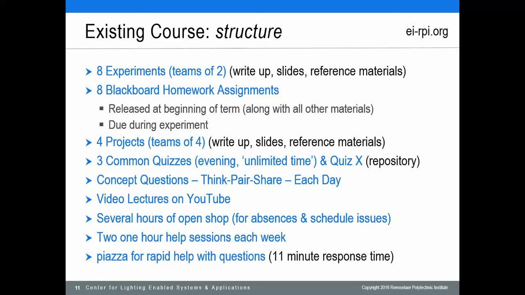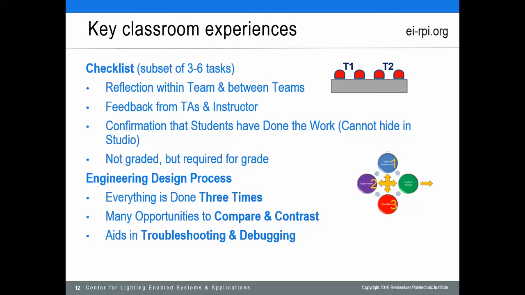So the existing course had 8 experiments, 4 projects, quizzes, many of the usual things. What wasn't usual, of course, was that it was flipped and all of the lectures were on YouTube. But the thing I think that has been the most fun has been the checklist. This is a reflection activity that the students go to where they present what they've done on at least a subset of the tasks for each experiment.